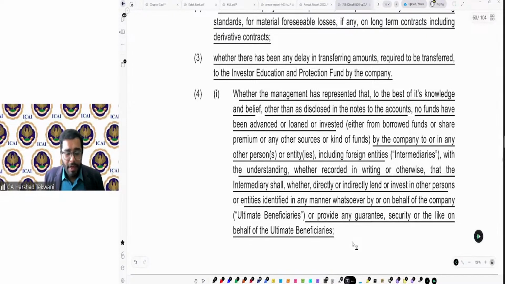So what this says is, first of all, it talks about whether management has represented. So talking about representation by management.